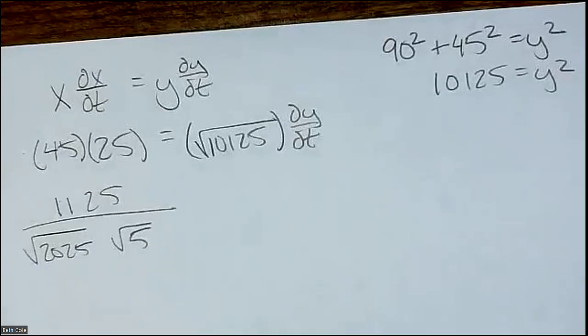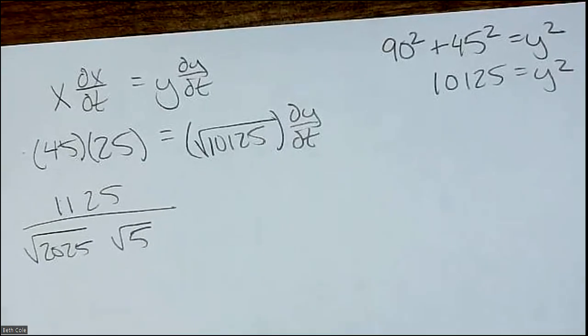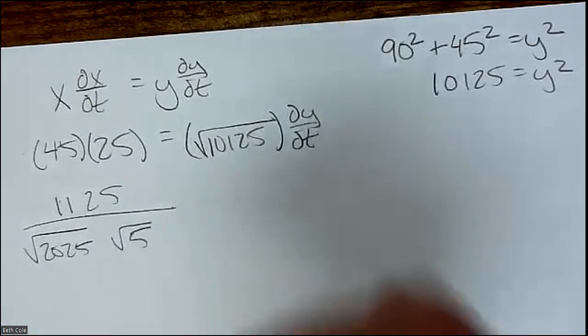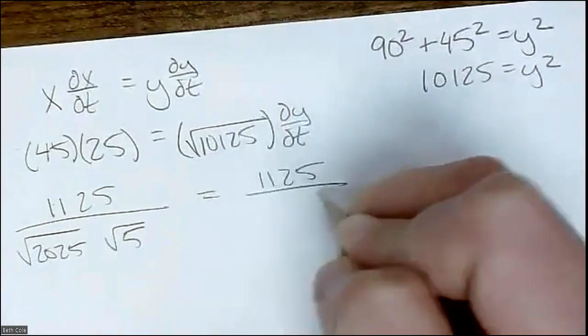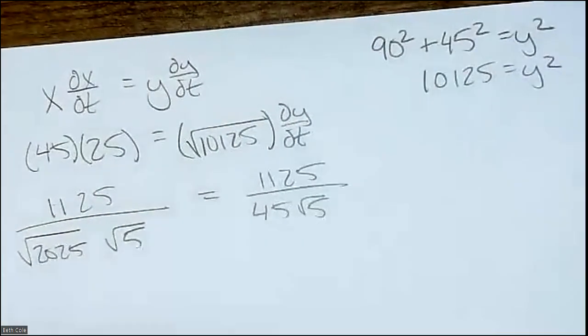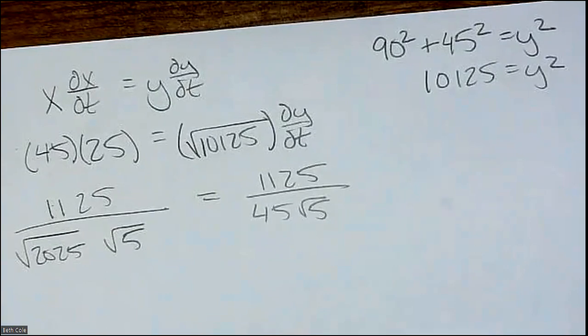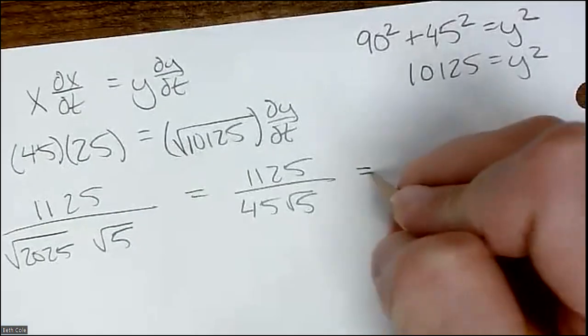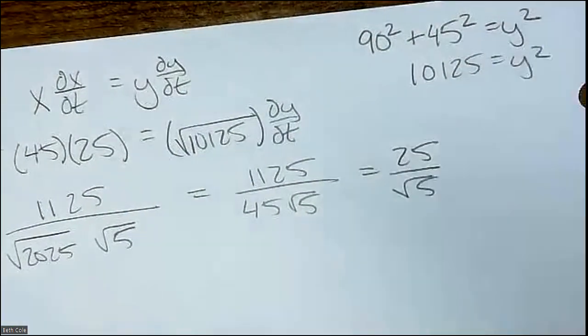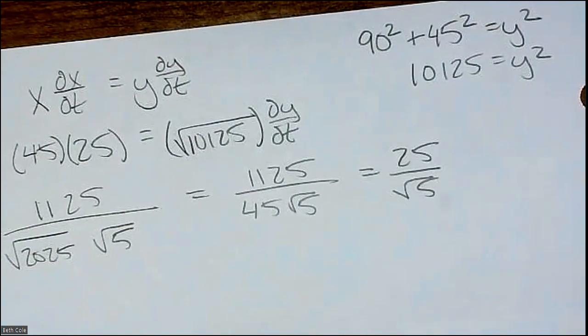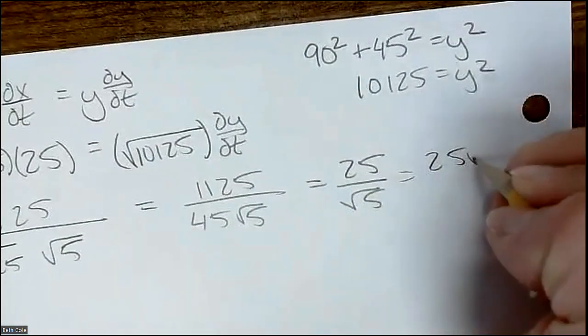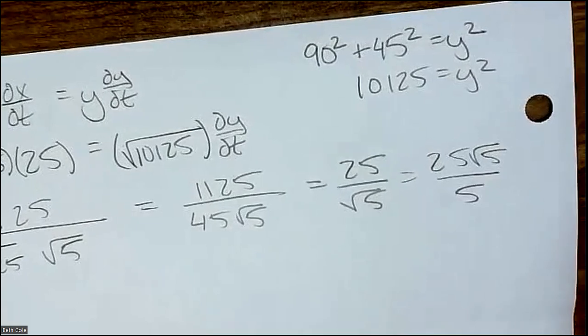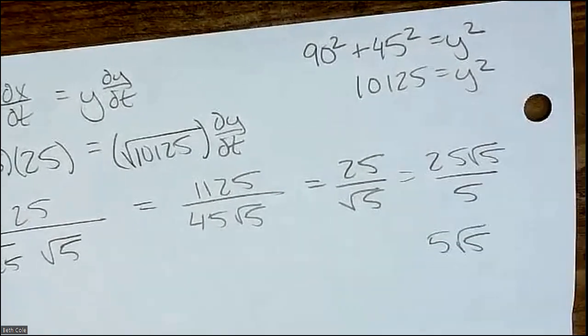Genius over there. So the square root of 2025, in case you didn't know, is 45. And so it's 25 over square root of 5, but I guarantee they rationalized that. So 25 square root of 5 over 5, which should just be 5 square root of 5.